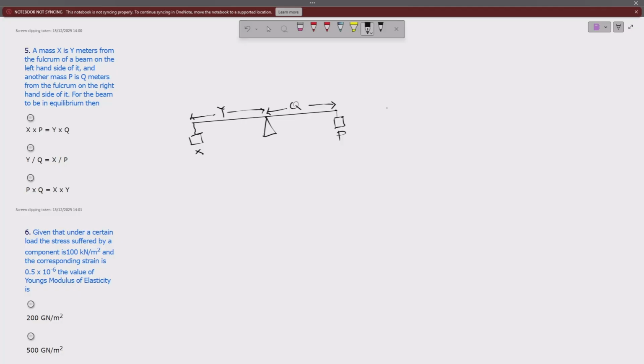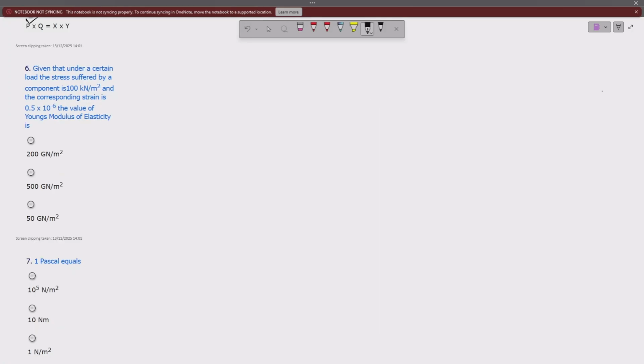So X times Y should be equal to Q times P. That is the answer. Straight into question number 6.